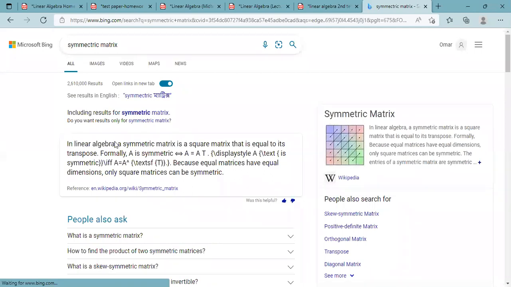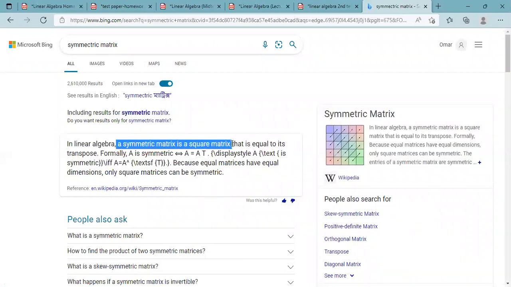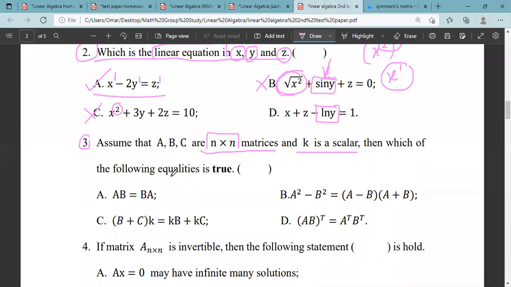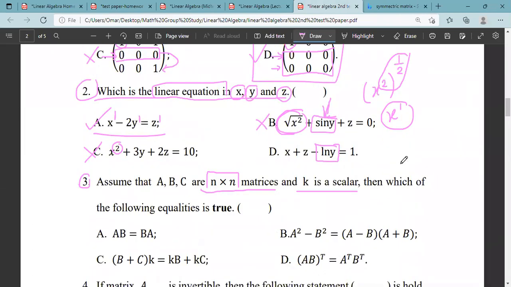So in linear algebra, a symmetric matrix is a square matrix that is equal to its transpose. That means if we take the transpose of the matrix, they will be the same. Let me give you an example.